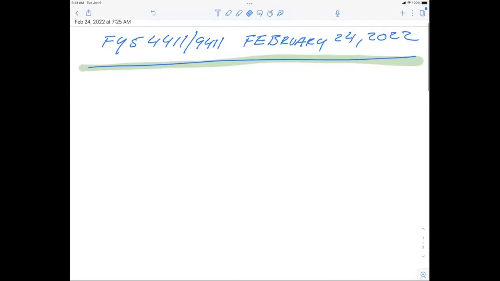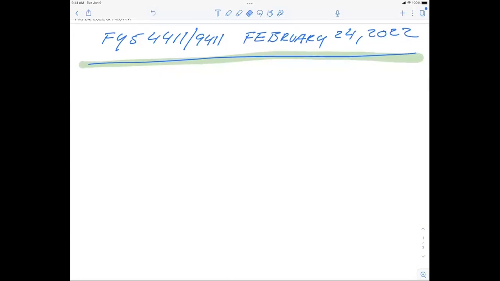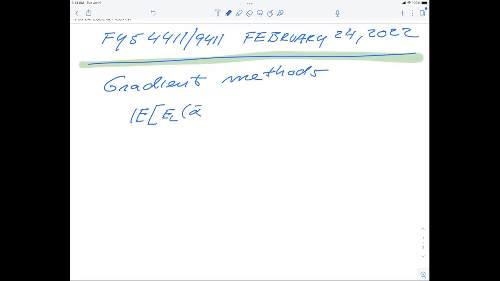Okay, so what we need when we are setting up these gradient methods, let's just set up the basics here. Let me remind you of the elements which we need to evaluate. One of them is obviously the expectation value of the local energy, which we have written as a function of this alpha.